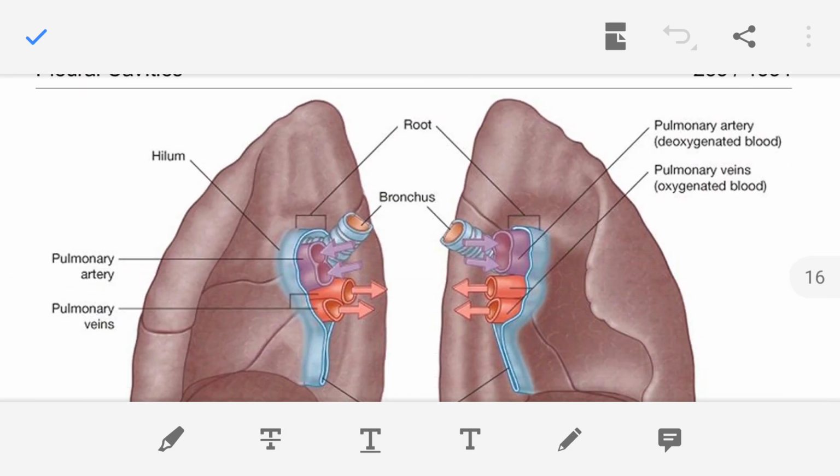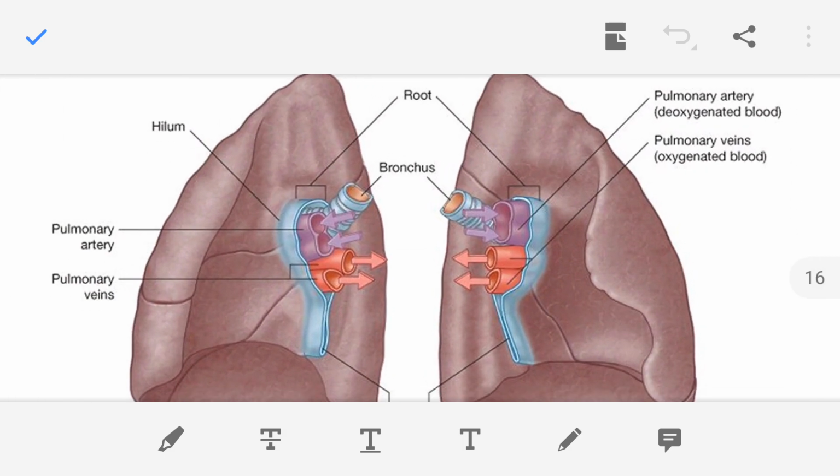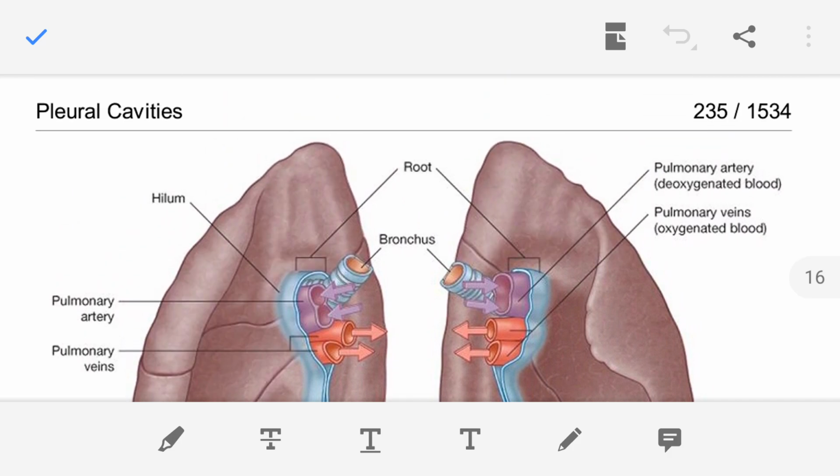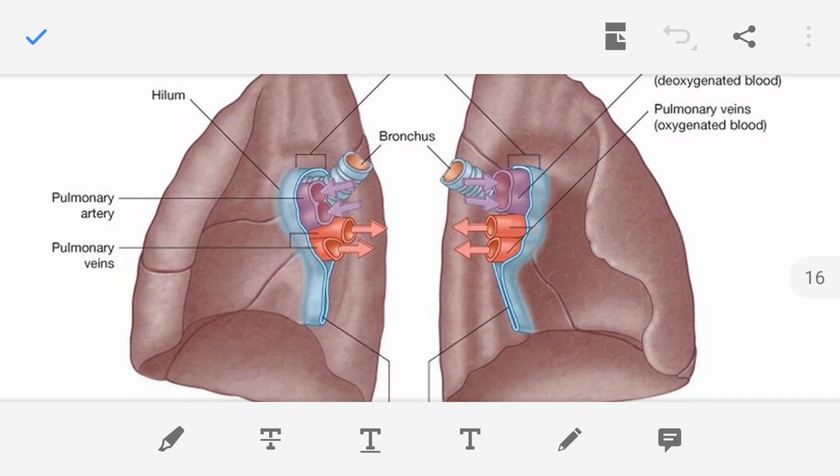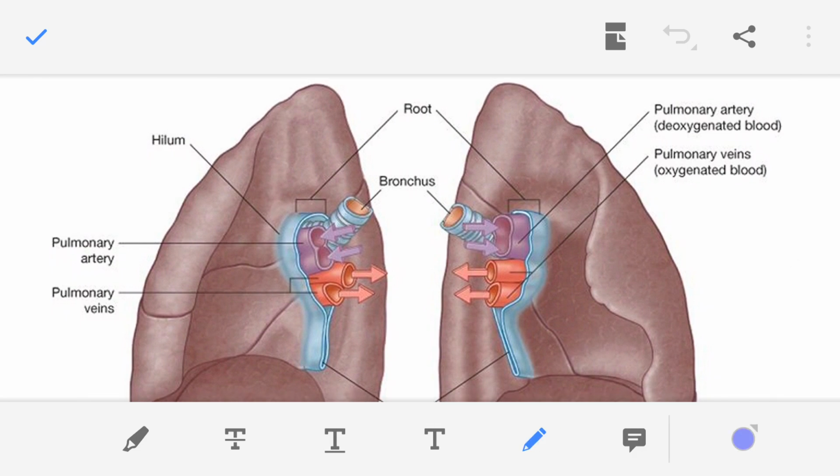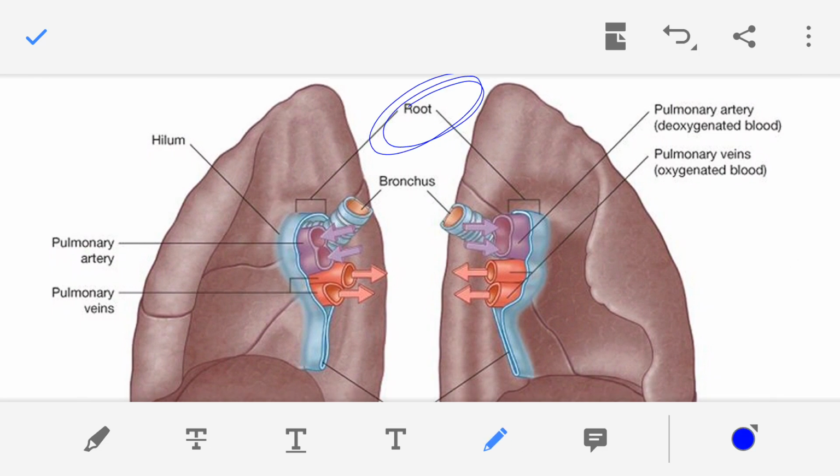see in this figure, both the lungs are shown to us, right and left, and you see here the root part, and over here this is the hilum. So in the hilum you see pulmonary artery, okay, so pulmonary artery bringing blood.